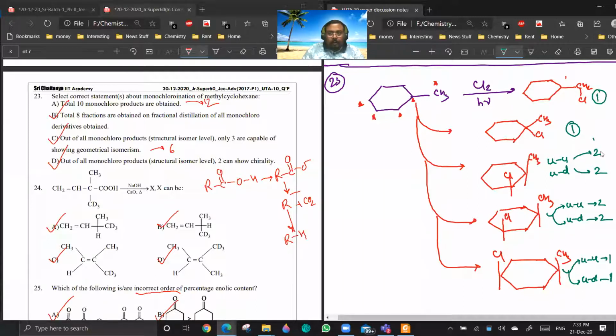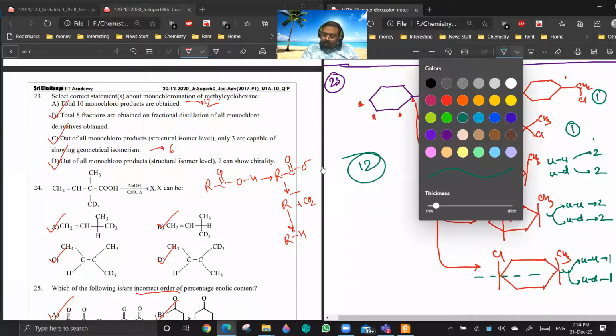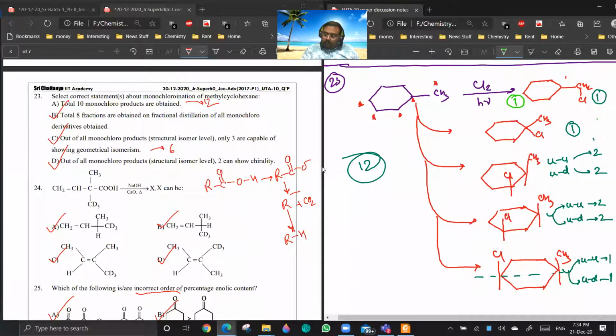In this case, there will always be a plane of symmetry passing like this. But geometrical isomerism is that up, up, and up, down. Total will be how much? Can you see? Yes or no? Talking about fractions, what are the fractions? Okay, there is one fraction here, one fraction here, two fractions here, two fractions here, and two fractions here.